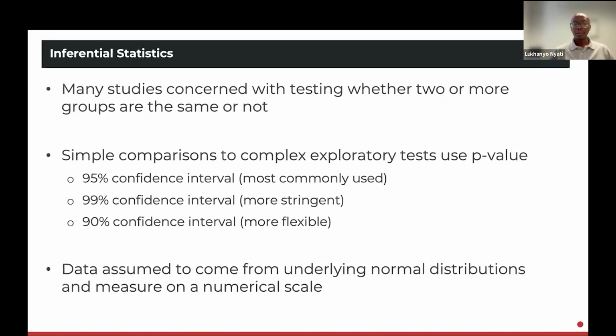And this is helpful to give you insight into whether there are huge group differences in your data set, all right? And in these comparisons we use something called a p-value, and we can test it at different levels of confidence, which is the 95% level of confidence, the 99%, and the 90%, all right?